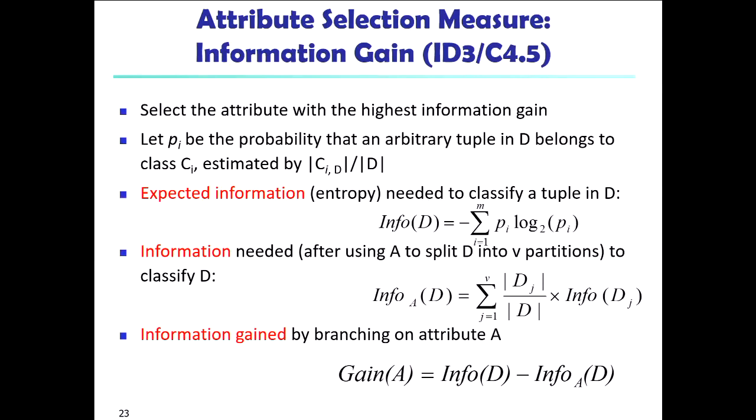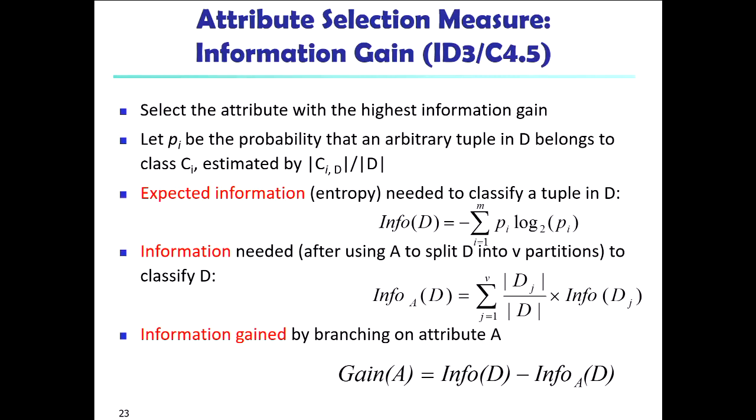So for ID3, the criteria of selecting the attribute to partition is called information gain. The information gain is actually the difference of expected entropy before and after the split. So let Pi be the probability that an arbitrary tuple or sample in D belongs to Ci.